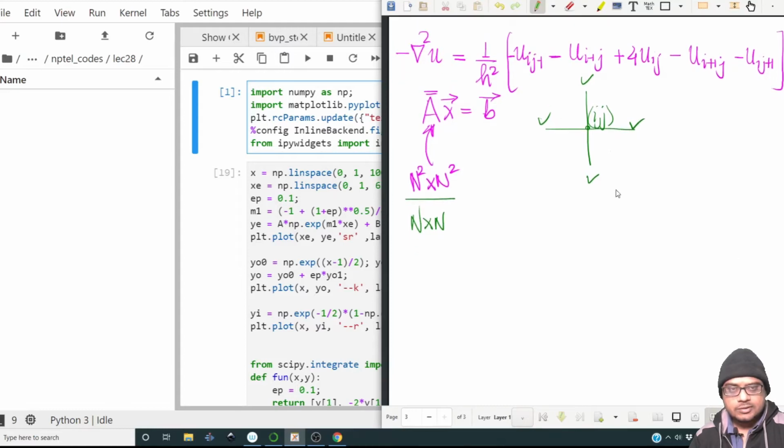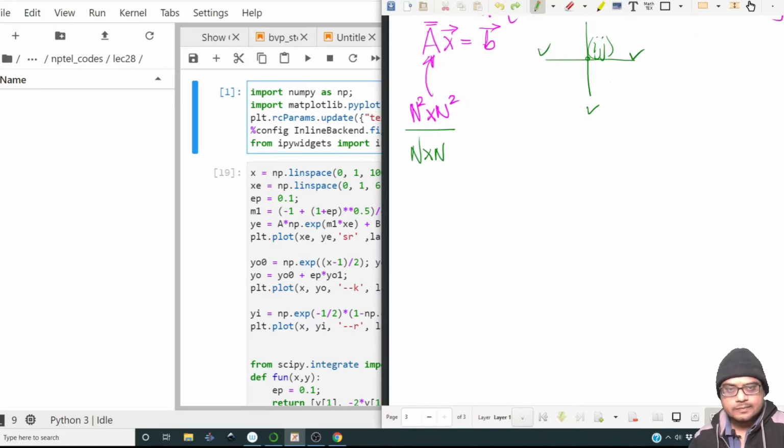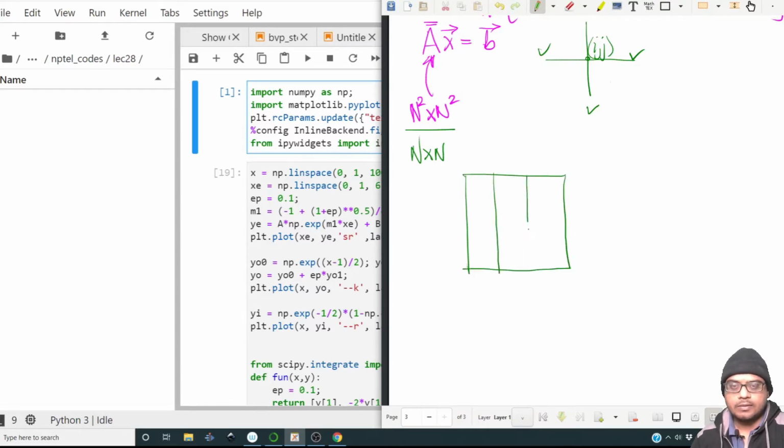Let me take only a few grid points, something like this.